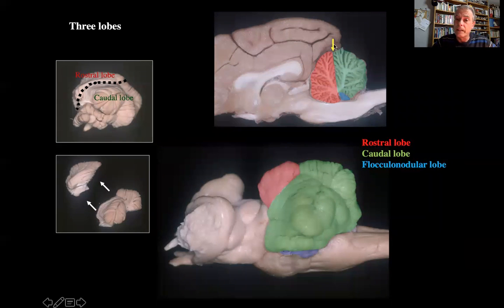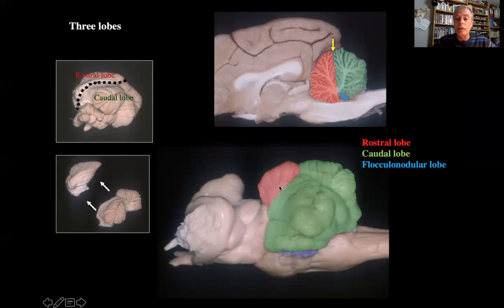The yellow arrow marks the primary fissure. And so all this part of the vermis of the cerebellum that is in red forms part of the rostral lobe of the cerebellum.